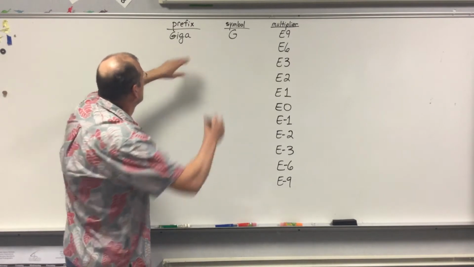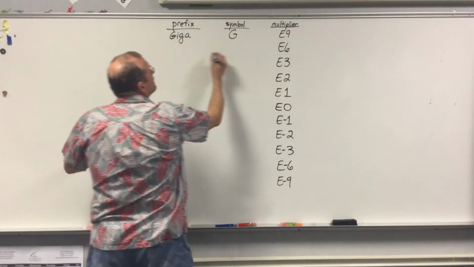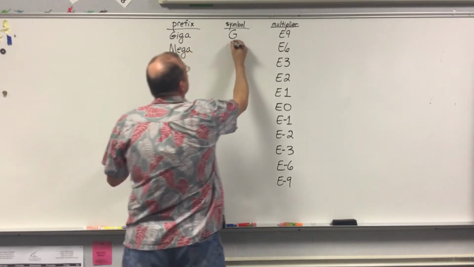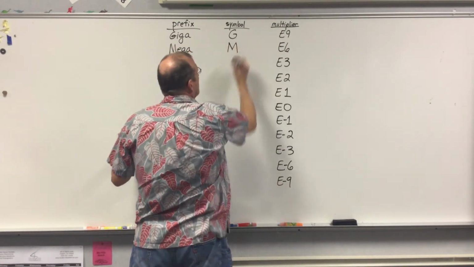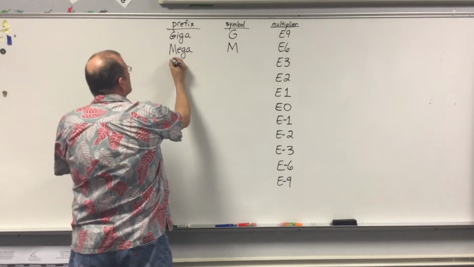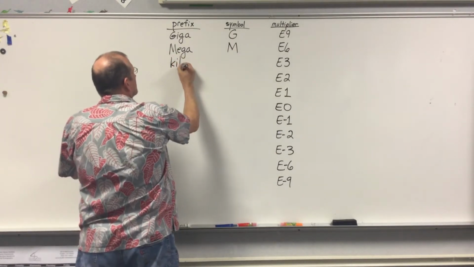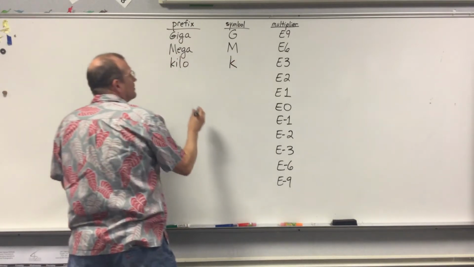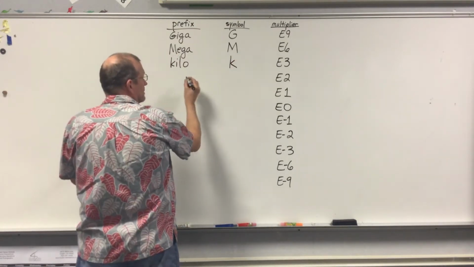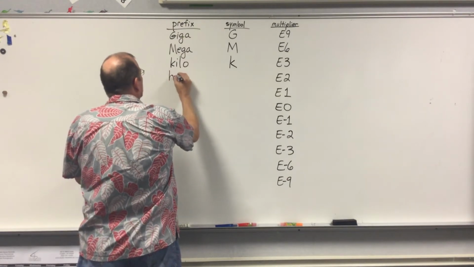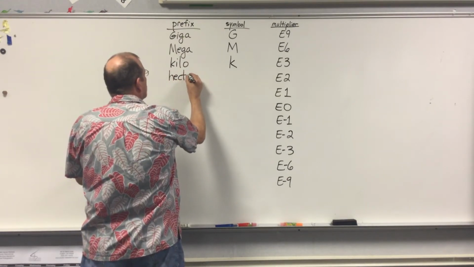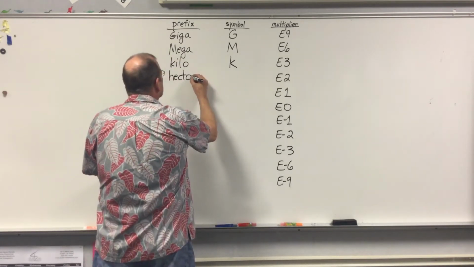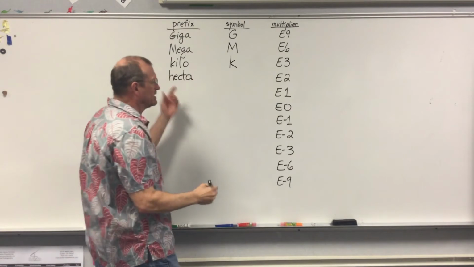Okay, the next one down is mega, and that is capital M. The next one down is kilo, this is a lowercase k. Then for E2, I have seen hecto and hecta. I'm going to go with the hecta because of the next one.